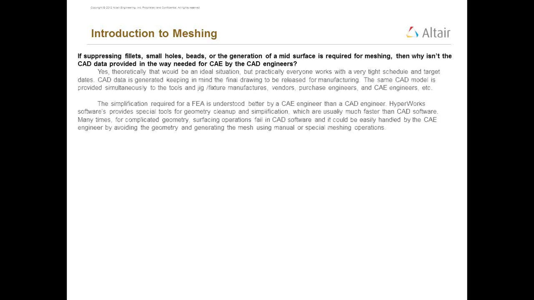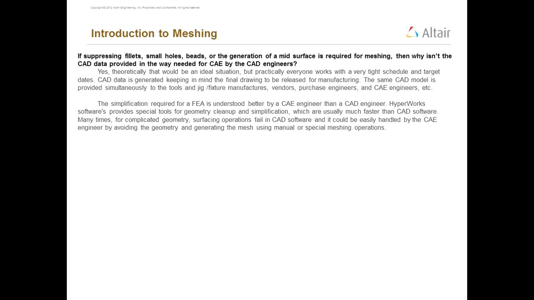But practically, everyone works with a very tight schedule and target dates. CAD data is generated keeping in mind the final drawing to be released for manufacturing. The same CAD model is provided simultaneously to the tool and jig fixture manufacturers, vendors, purchase engineers, and CAE engineers as well. The simplification required for FEA is understood better by a CAE engineer than a CAD engineer.